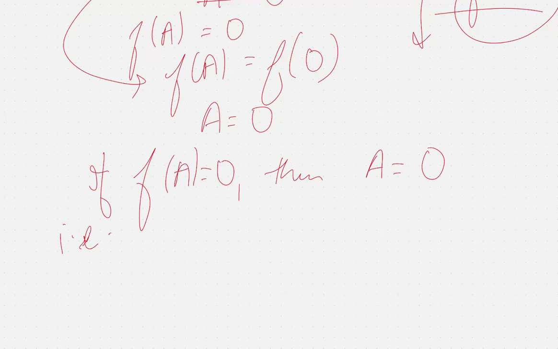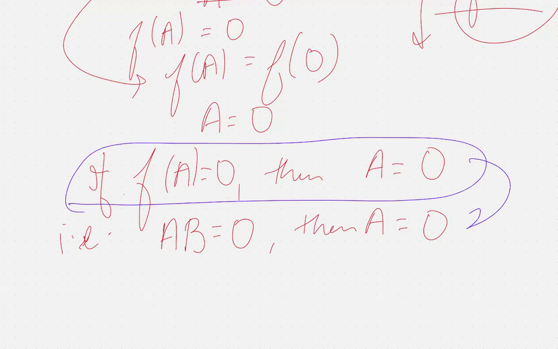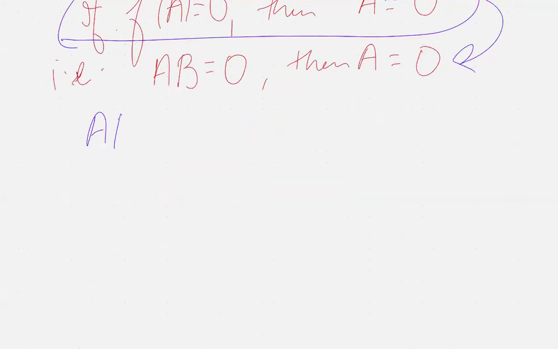So this thing actually implies this. They both are the same. So what does this second line mean? If AB is equal to big O, then A is equal to O. And this would happen only if B is invertible.